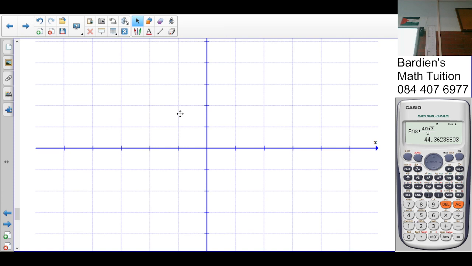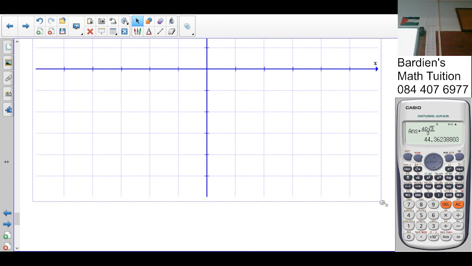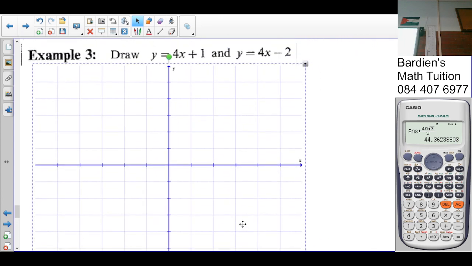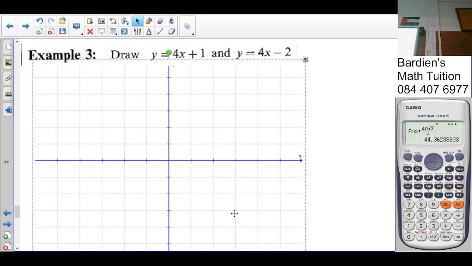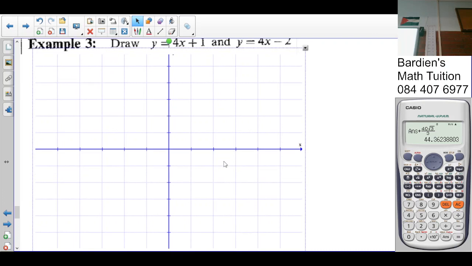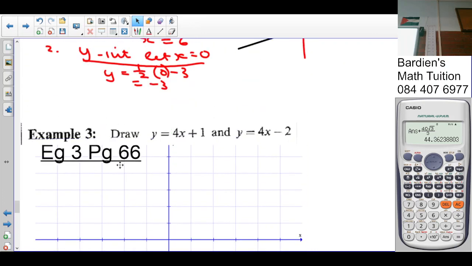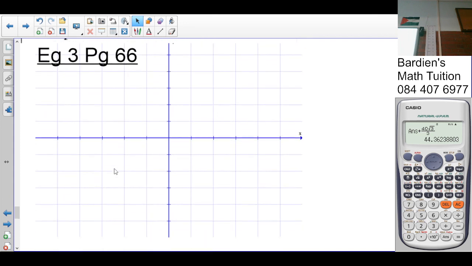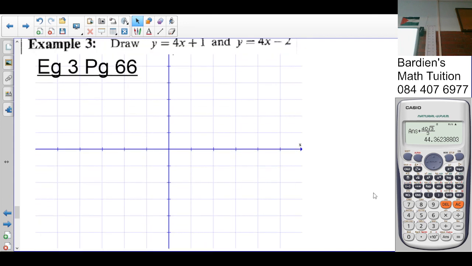So if we look at the example in question here, make the Cartesian plane a bit smaller. We're going to do all the calculations of that graph in blue.